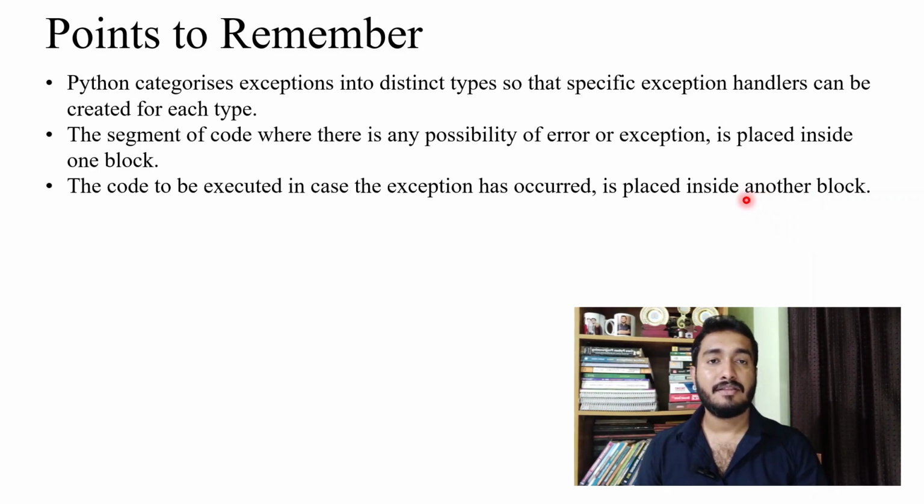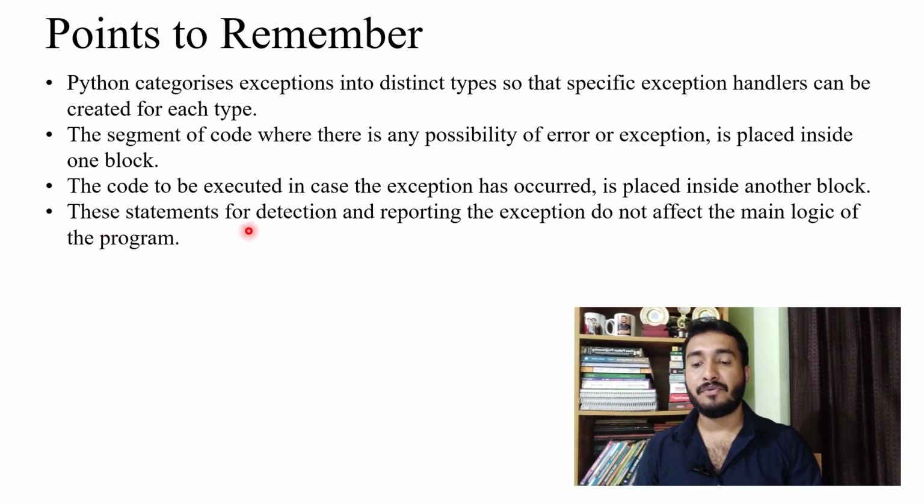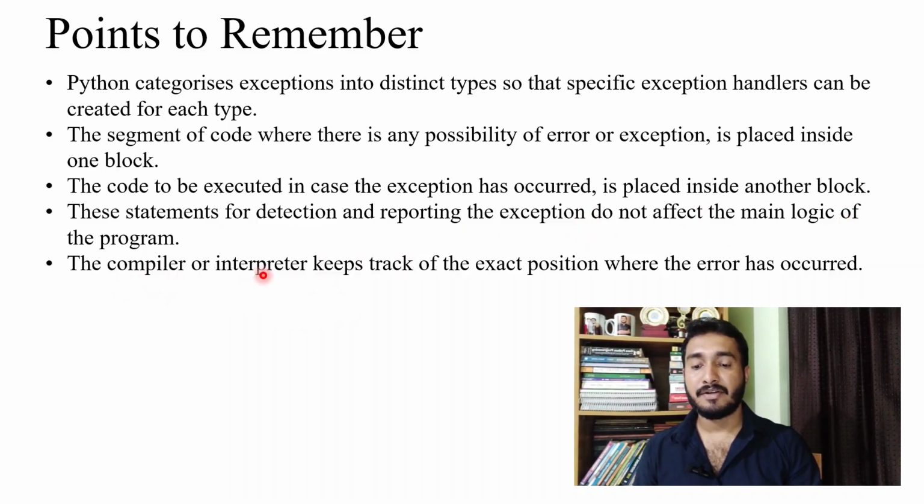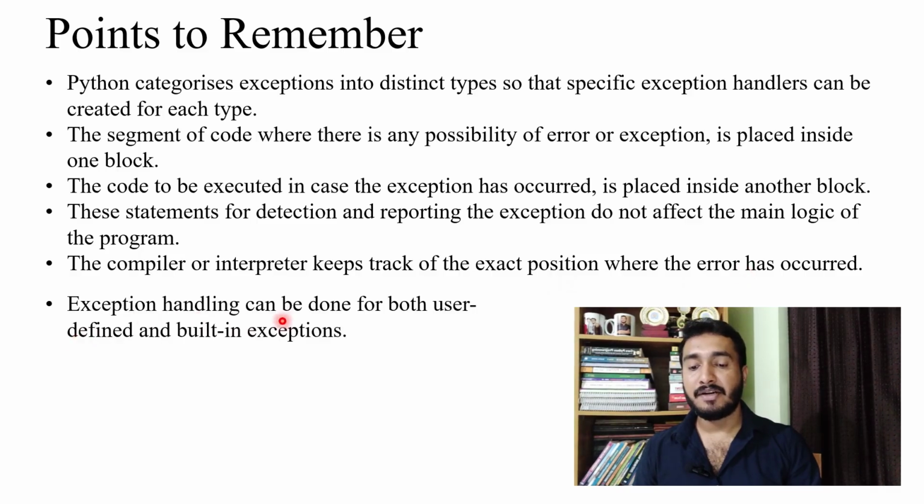That block is called the except block. The statements for detection and reporting of the exception do not affect the main logic of the program. The compiler or interpreter keeps track of the exact position where the error has occurred. Exception handling can be done for both user-defined and built-in exceptions.